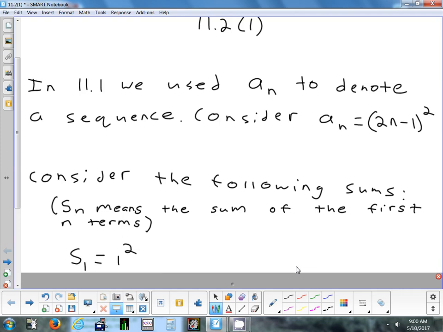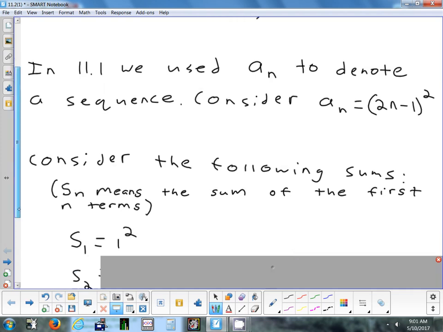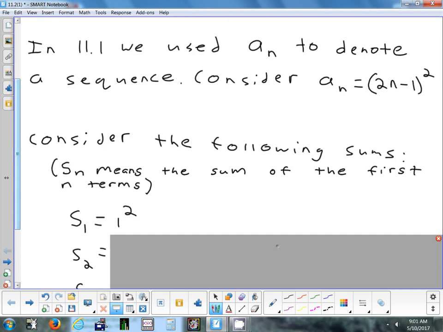So this notation, S sub n, is going to mean the sum of the first n terms. So S sub 1 just means the sum of the first 1 terms. So there's nothing to really add up. Okay, S sub 2 is going to represent the sum of the first 2 terms in that sequence. So we already know the first term is a 1.